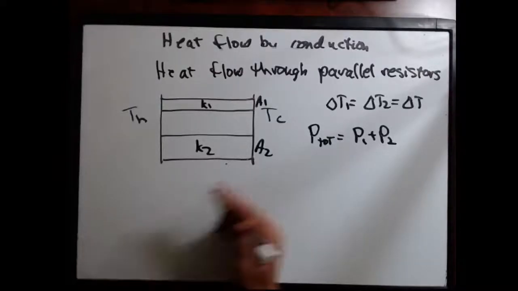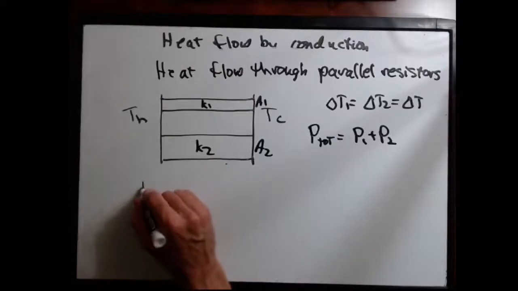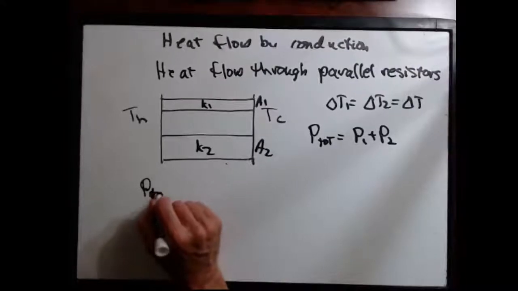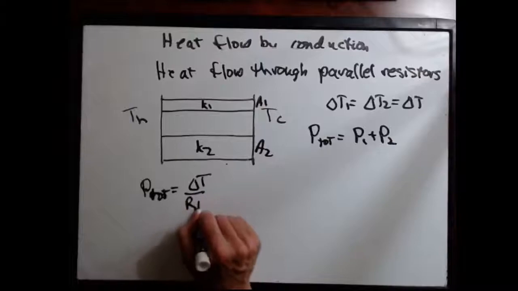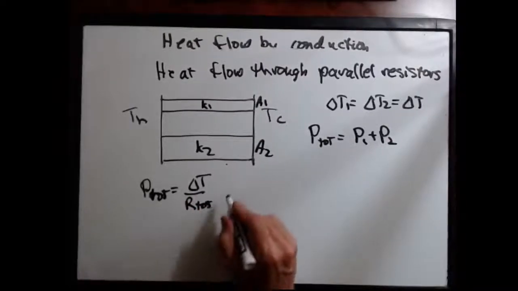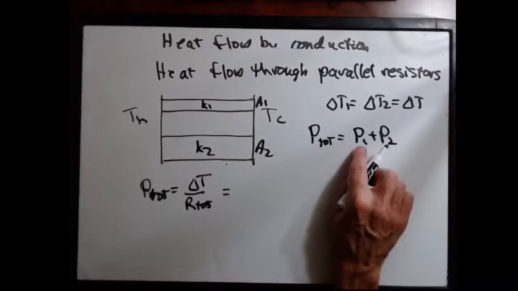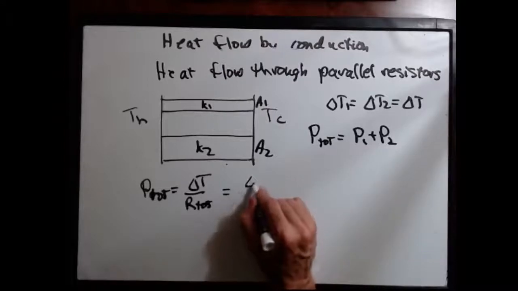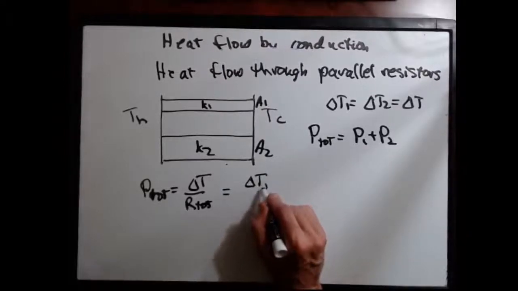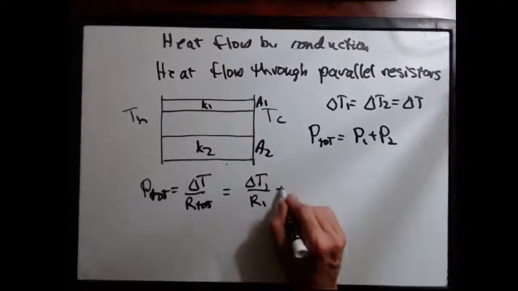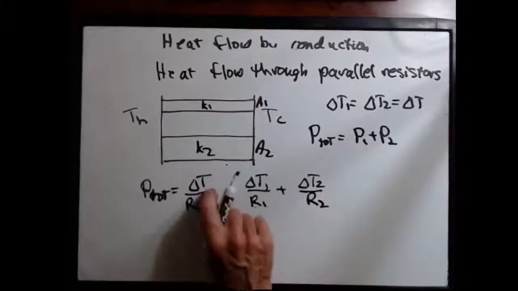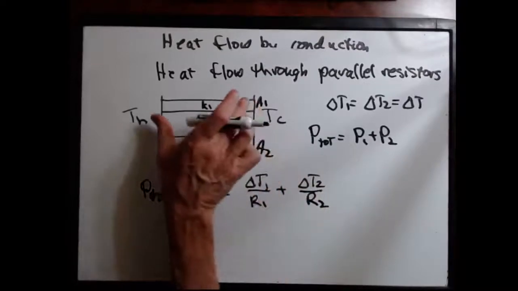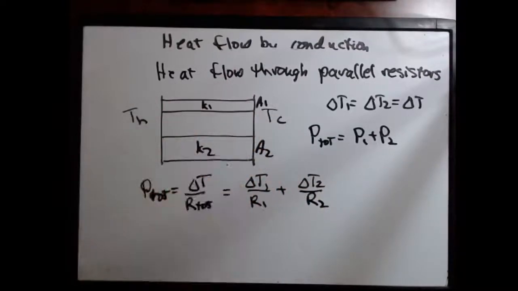Now I can say P total is delta T over R total, and that's equal to P1 plus P2, which is delta T1 over R1 plus delta T2 over R2. But remember, all of these delta T's are the same because they're all connected across the hot and the cold.